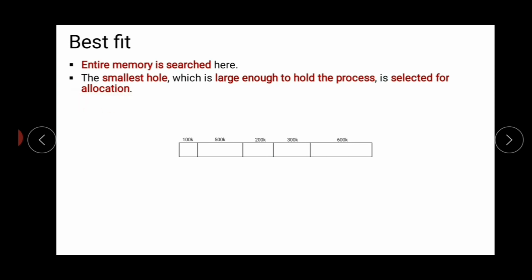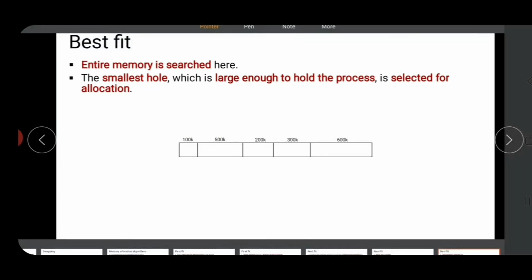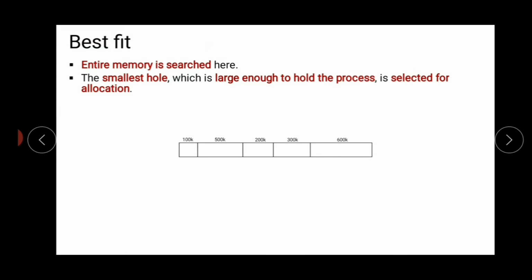So when any process comes into the picture, the full memory will be scanned, all the blocks will be scanned, and it will find the smallest block which can hold that particular process. That block will be allocated to that particular process. So let us see the example, similar to the previous example.